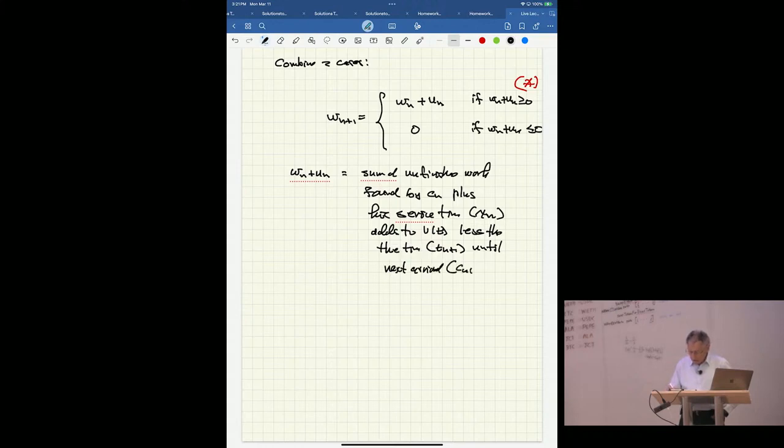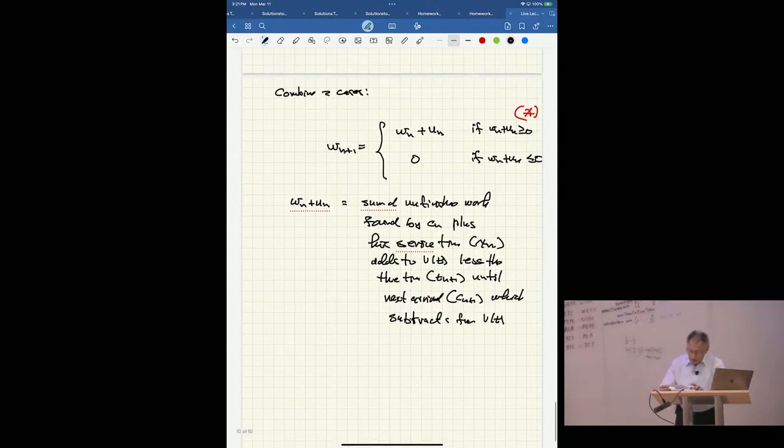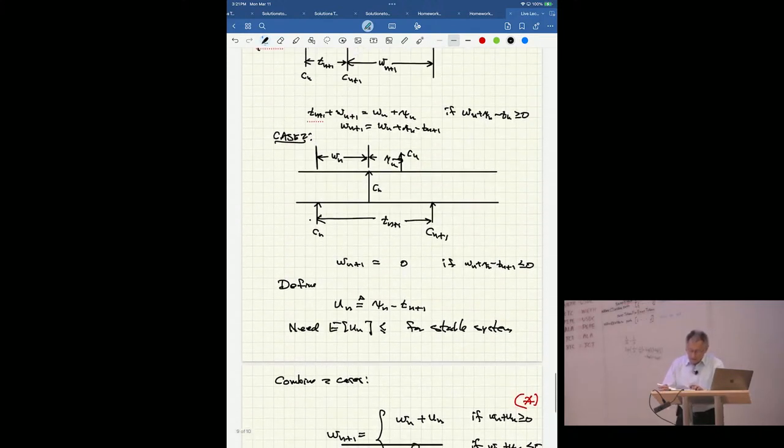Cn plus 1, which subtracts from the unfinished work. This is just restating the obvious. So in other words, it's Wn plus xn minus Tn plus 1.